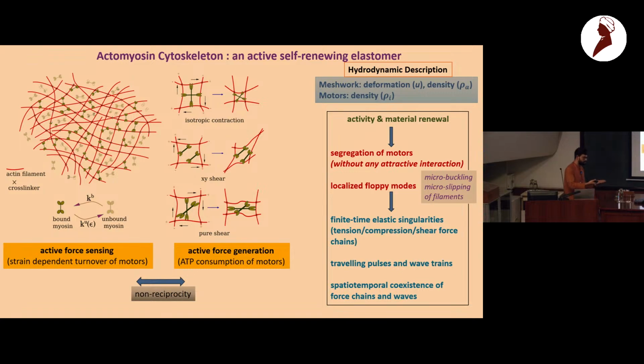This is an elastic material, and these myosins are pulling and pushing, and what will happen is it will change the elastic moduli of the material. We can write down an effective elastic moduli for this material, which will depend on the myosin density, and we will see that some of the effective moduli can go to 0, and it will trigger some soft deformation modes.